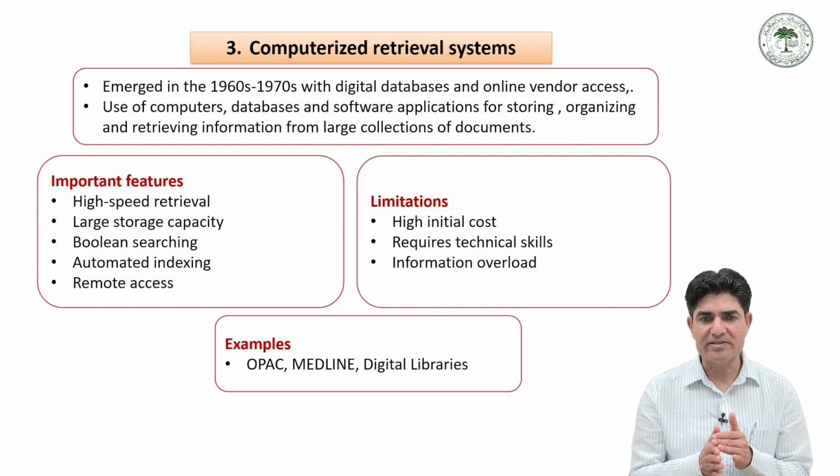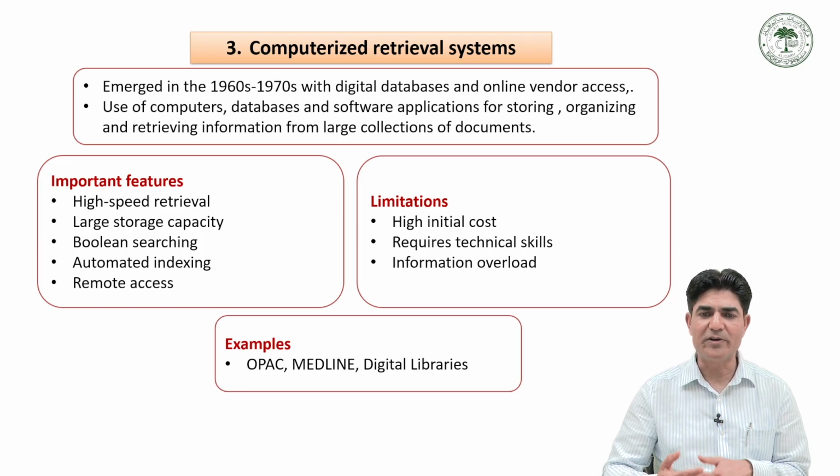There are some limitations also, because high cost is involved in the development and use of these computerized information retrieval systems. Users need technical skills, and those who want to develop these systems also require technical skills. And still there is information overload, and it is difficult to include each and everything in the computerized retrieval system.